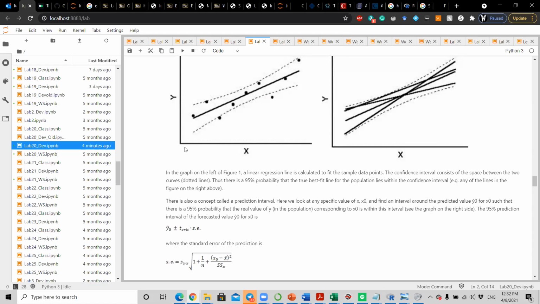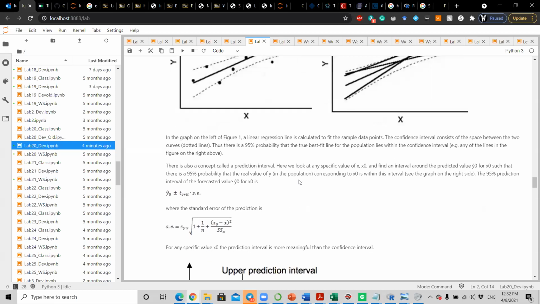Thank you very much. Now, when it comes to linear regression, there is another concept that can be a little close to confidence intervals. This is called the prediction intervals. Here, instead of looking at the entire line, we are looking at each specific point.